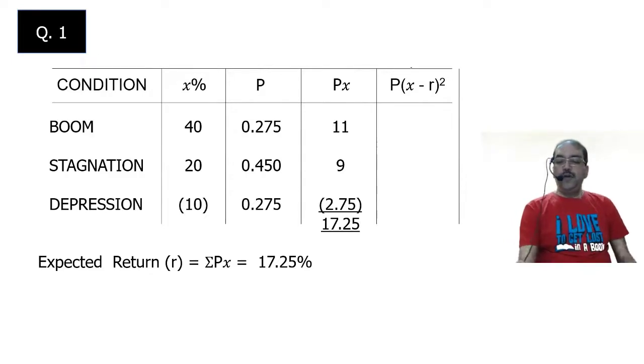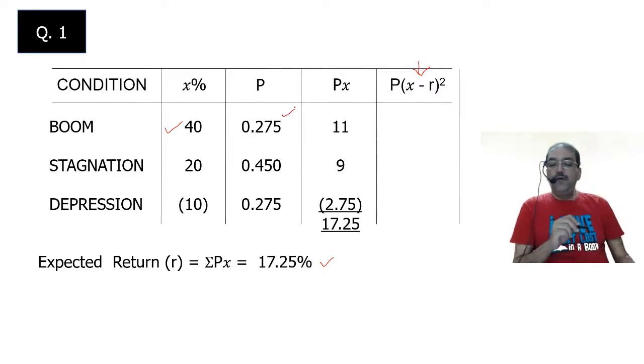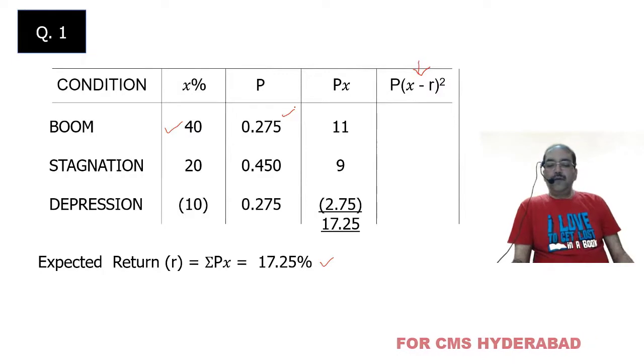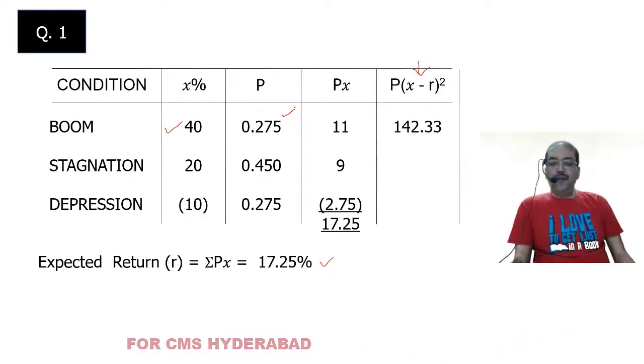Now for this particular column, I will take each value of X. For example, 40 minus 17.25 multiplied by the probability 0.275. If you take your calculator, you'll get the calculations here. You get 142.33.